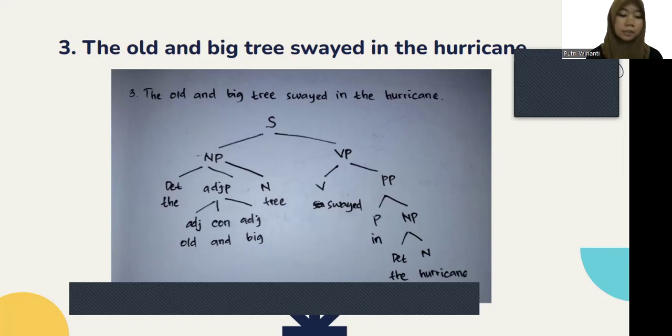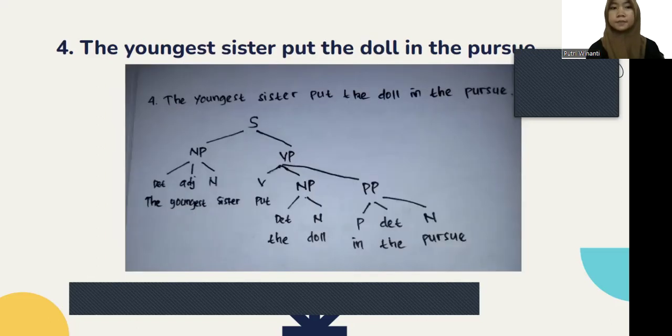The noun is tree. And the verb phrase is stood in the hurricane. The verb is stood. The preposition phrase is in the hurricane. The preposition is in, and the noun phrase is the determiner the and the noun hurricane.